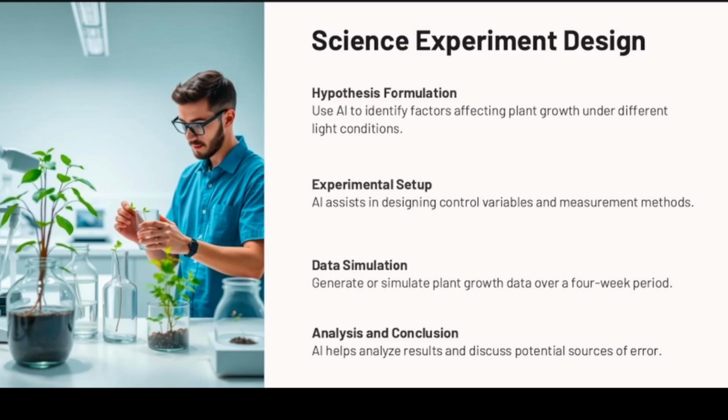This particular example was about plant growth under different light conditions. ChatGPT wrote Python code for me that I could use to simulate the data under those conditions. So I'm able to really go through the whole scientific process rather quickly, and every student would be able to do this on their topic of choice. And then, of course, the analysis and conclusion, and that ties in being able to write and communicate your findings.